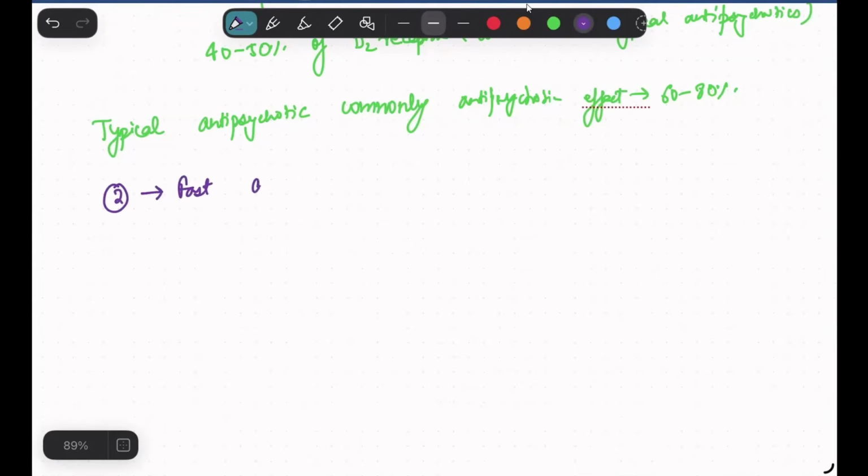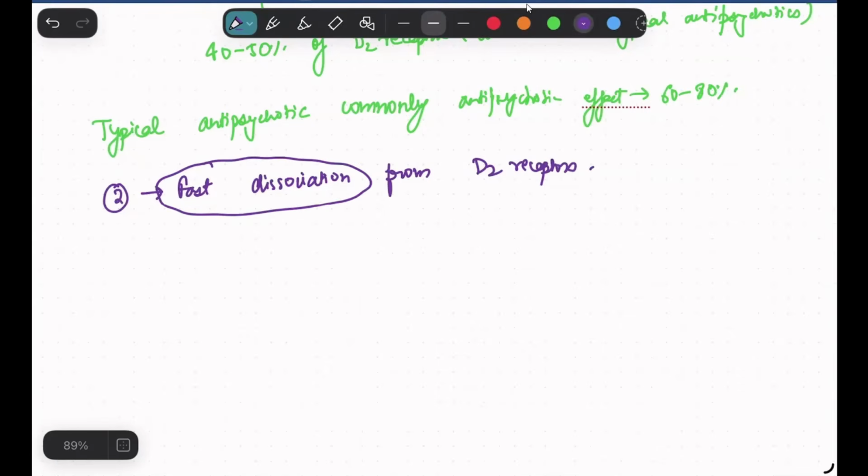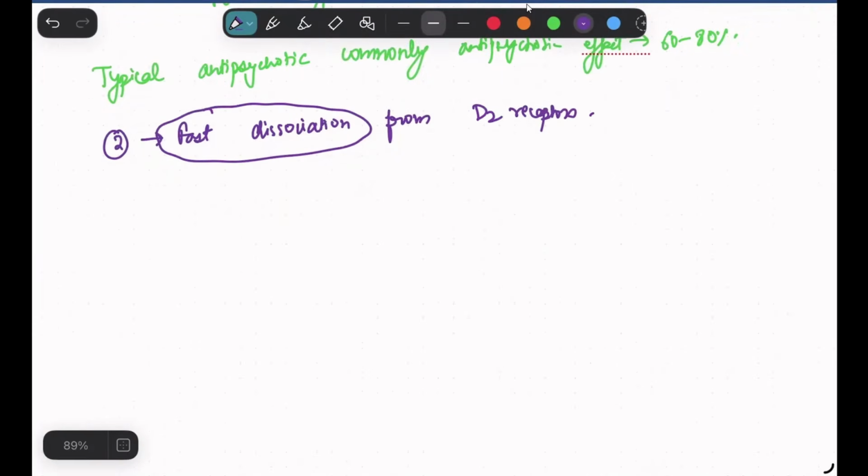The second important thing to remember here, in D2 receptor antagonism, is that it shows fast dissociation from D2 receptors. This is another important mechanism. What happens is that clozapine binds loosely to the D2 receptor.